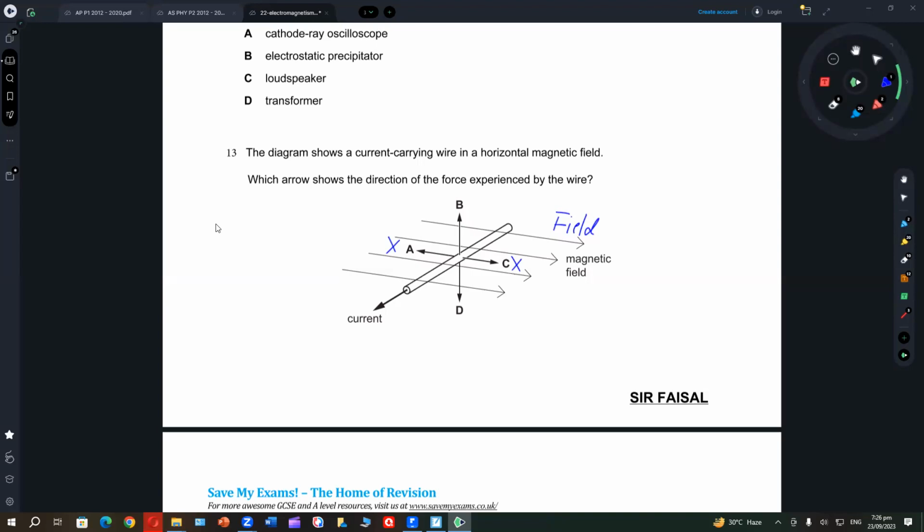Force cannot take the arrow of the field. Force cannot take the arrow of the current. So two are rejected. Only B and D are left over.